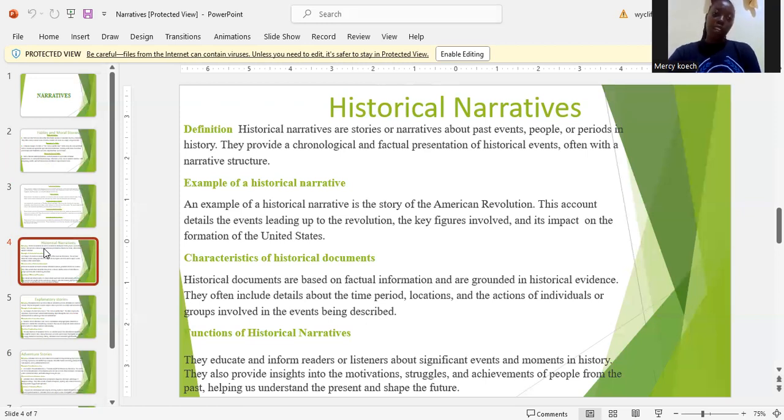Functions of historical narratives. They educate and inform readers or listeners about significant events and moments in history. They also provide insights into the motivations, struggles, and achievements of people from the past, helping us understand the present and shape the future.